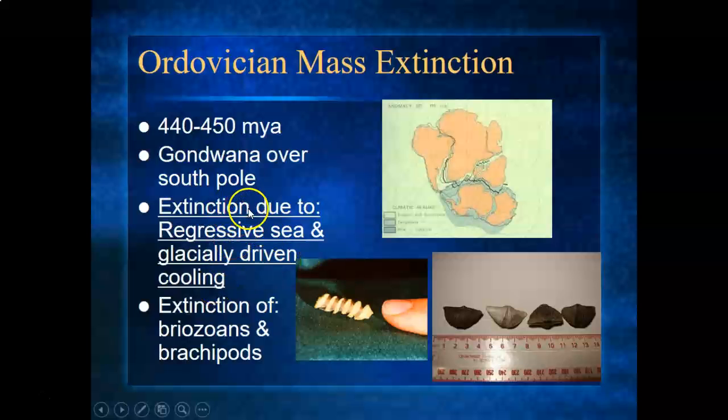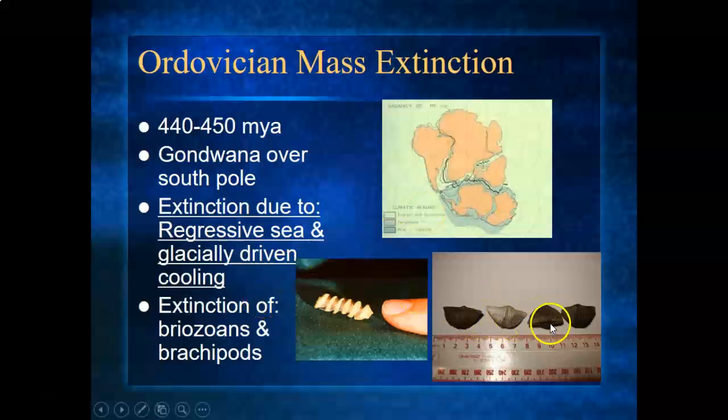And so we can see here the extinction due to regressive seas. Pangea, or our continents, you can see moved ever so much. Glaciers started to dominate, and it cooled off the Earth, and it killed off our bryozoans and our brachiopods.